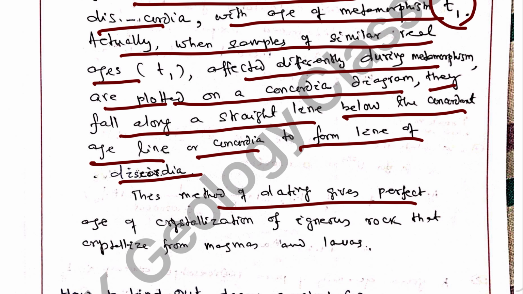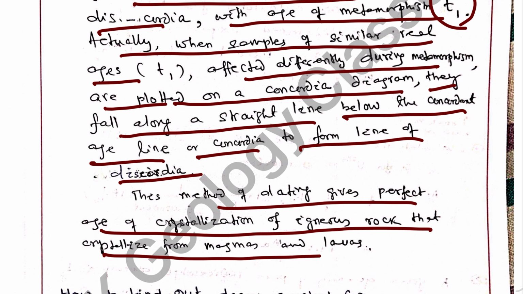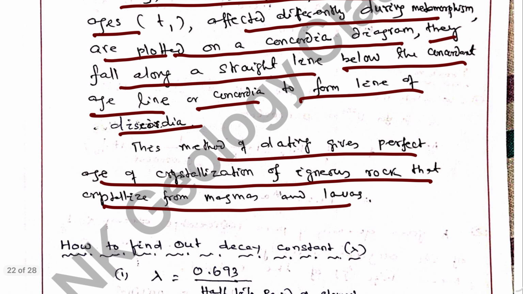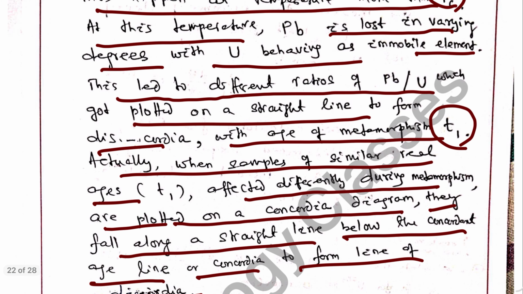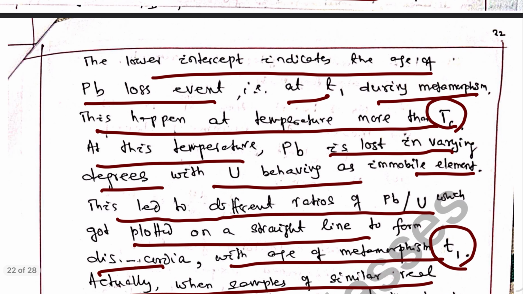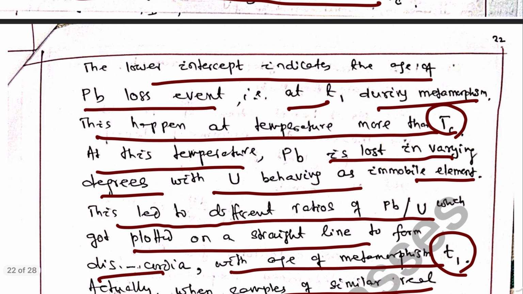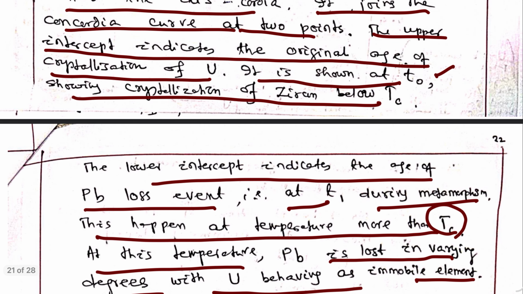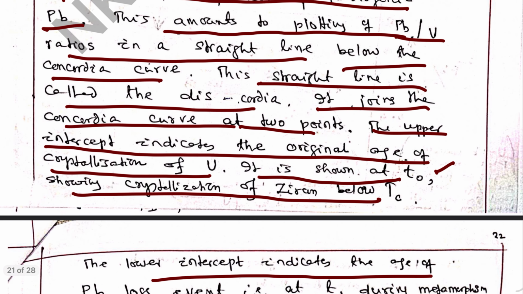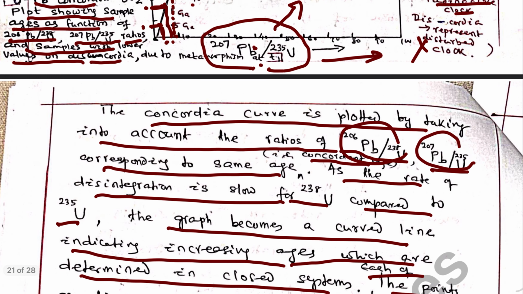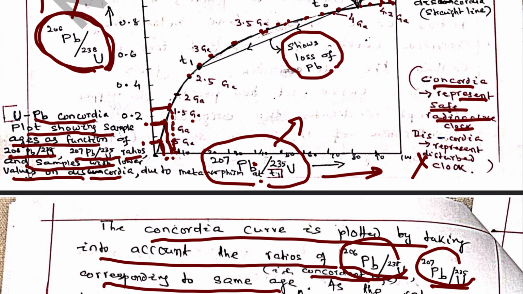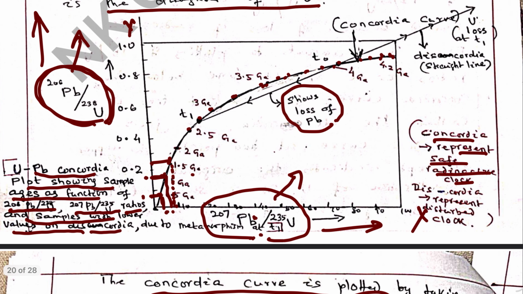So this method of dating gives the exact age of crystallization of igneous rocks that crystallize from magmas and lavas, and the time at which the rock has faced metamorphism, as a result of which Tc has been exceeded. So this is all about the Concordia Discordia graph.